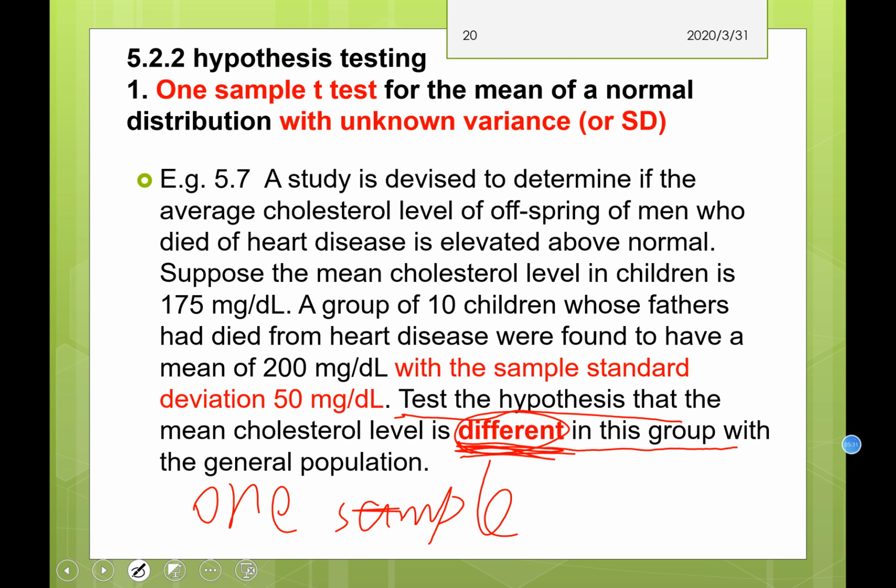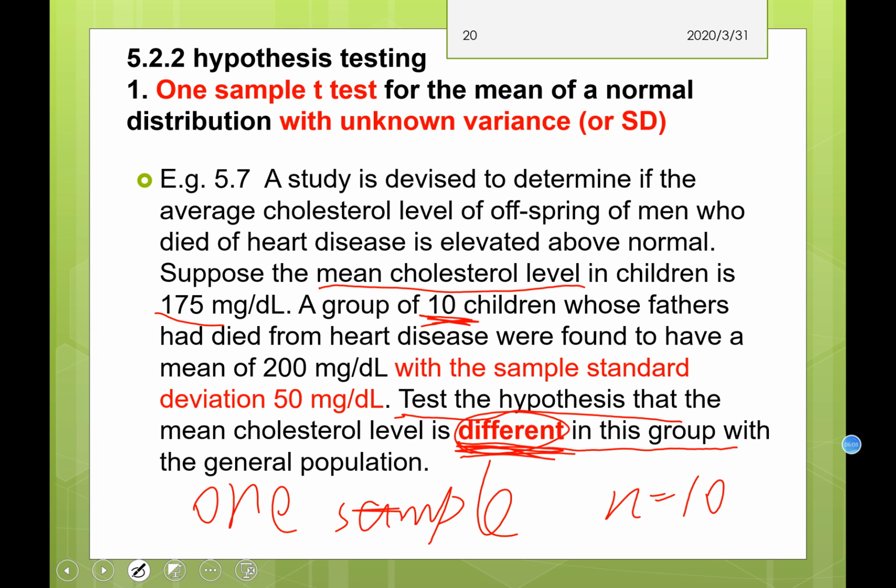So here, we found that there are so many numbers in the question. For example, 175. That is the mean cholesterol level. So that means that is the mean, not the sample size. And what is the sample size in the question? It's here. A group of 10 children. So this is the sample size. This is the little n. N equals 10.